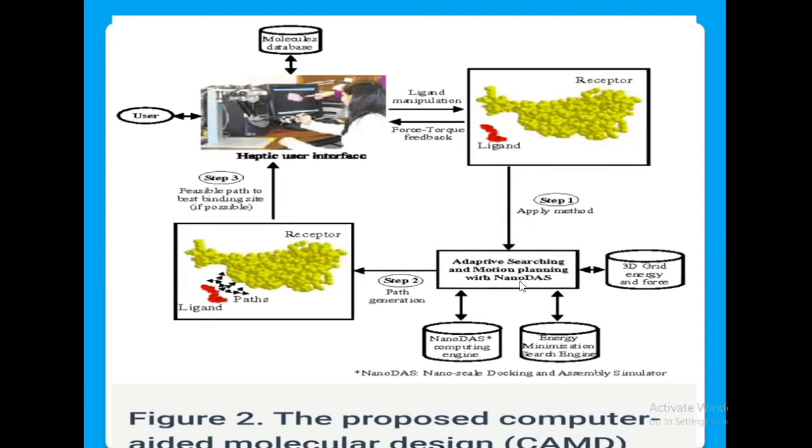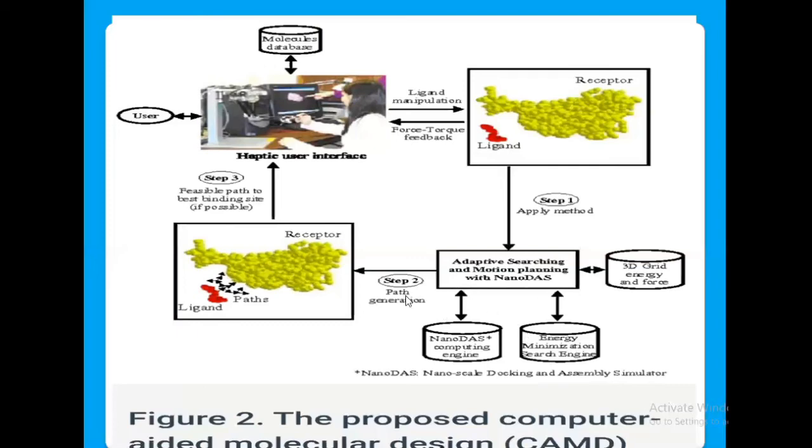Then adaptive searching and motion planning with nano DAS is done. Then you can go for 3D structure, grid energy and force studies, 3D view. Or you can go for the nano DAS computing engine, or the energy minimization search engine is used. So both ways you are going to search for the structure.